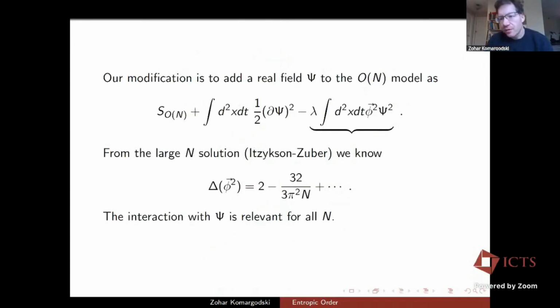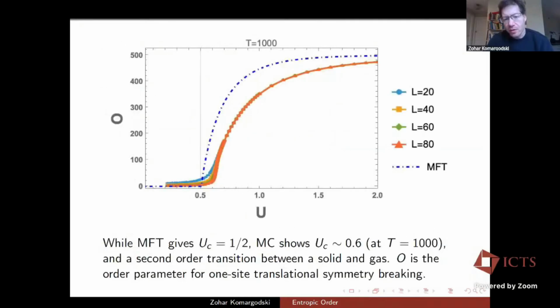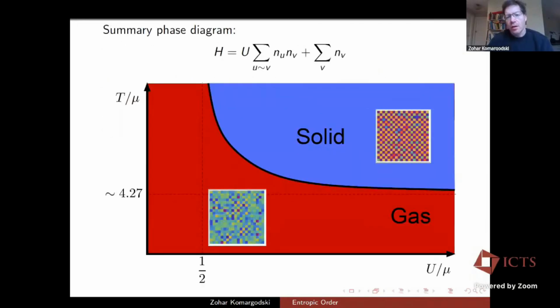Now, you're asking if we can cook up models where the density matrix is not separable at very high temperatures. On the lattice, yes. On the lattice, we wrote down some models which look like that, with some gauge fields on the lattice that do have topological entanglement entropy at any temperature.